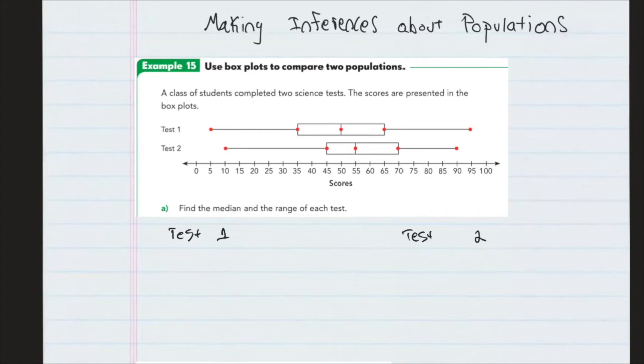And so the median, and remember that's quartile 2, the one right in the middle, for test 1 is 50. And the median for test 2 is 55.